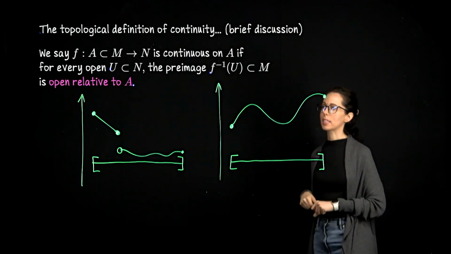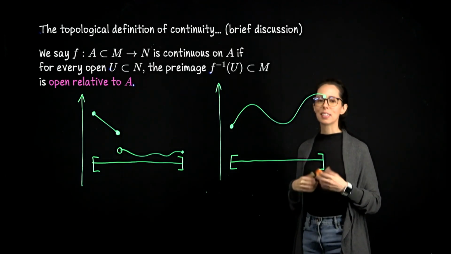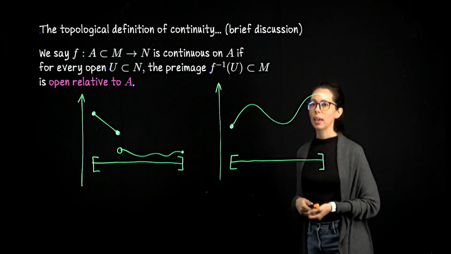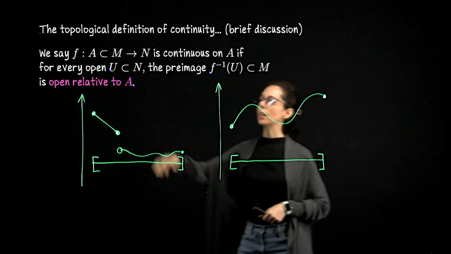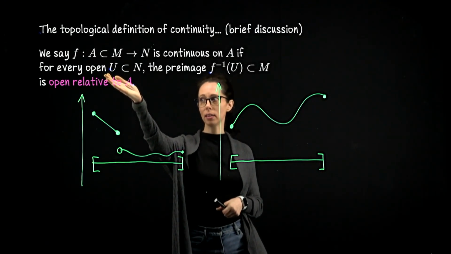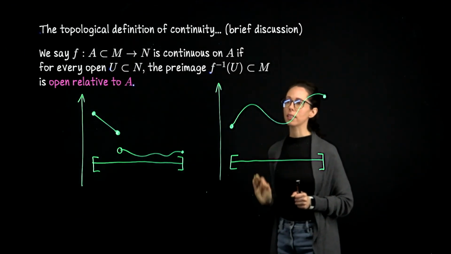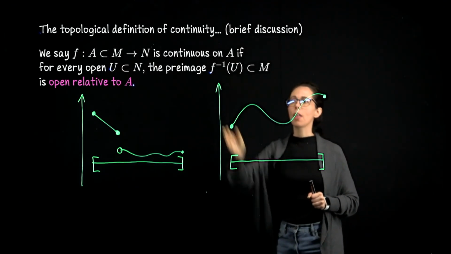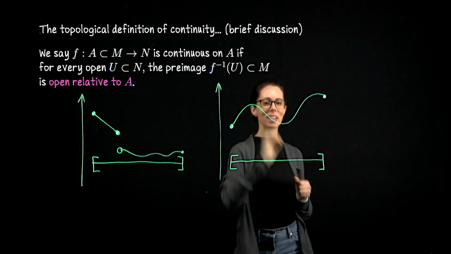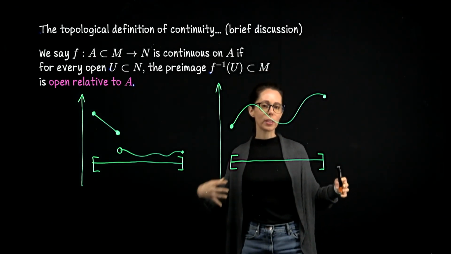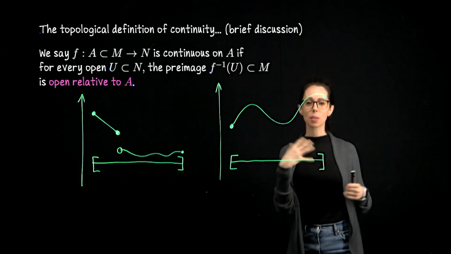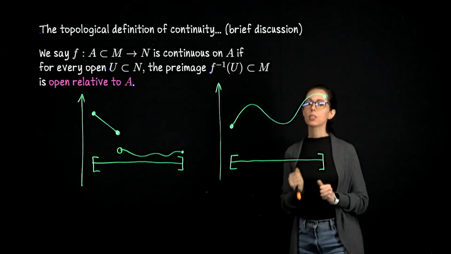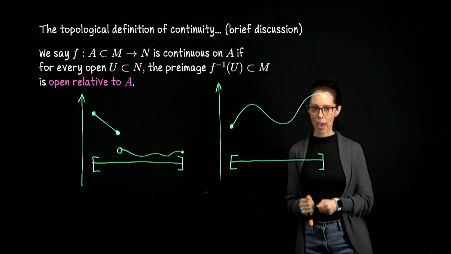So what this definition says is that F is continuous on its domain if for every open subset of the codomain, so here U is an open set in the codomain, when you look at the preimage, so remember that idea of figuring out all of the points in the domain which get mapped to U, that's the preimage of U, that is open relative to A.